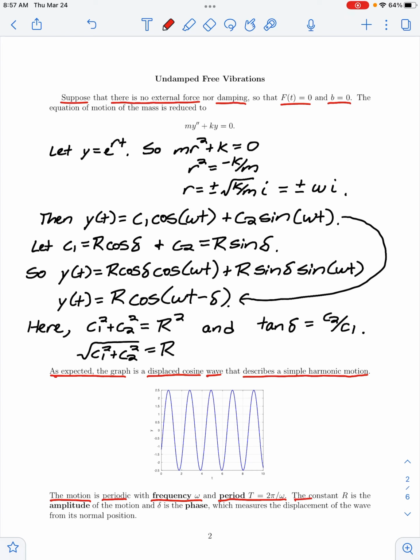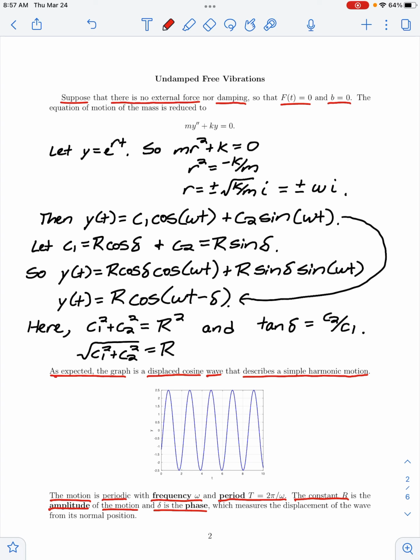And the constant capital R describes the amplitude of this motion, and we denote delta as the phase. Our solution was given by cosine of omega t minus delta, so delta is called the phase of motion. It's the displacement of our cosine wave from its normal position.